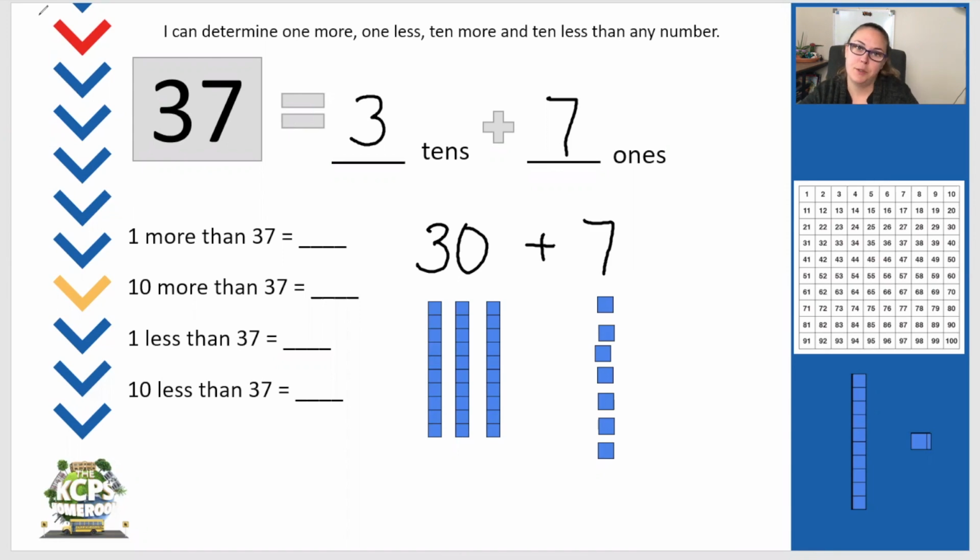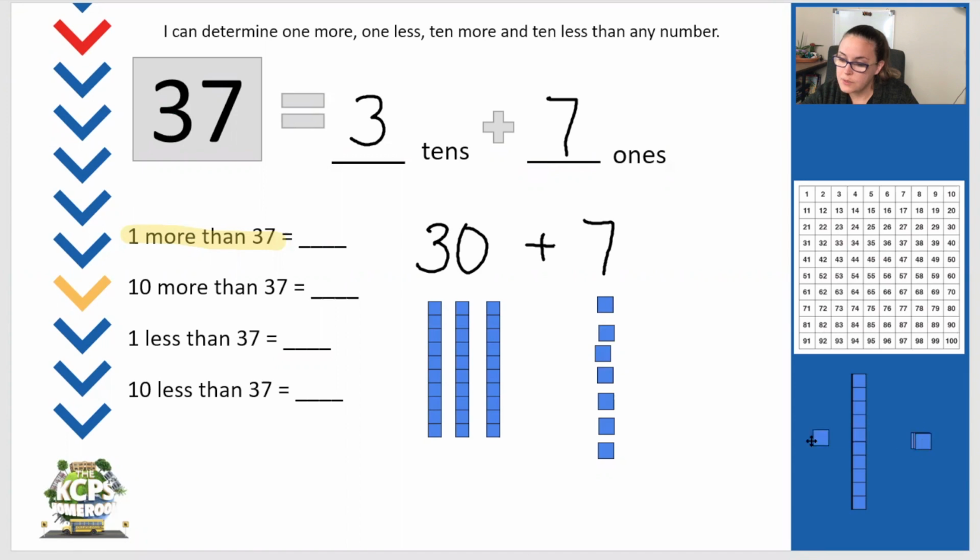Now what we have to do is calculate 1 more, 1 less, 10 more, and 10 less. So we're going to take that one step at a time. And on the left side of your screen here, you're going to see that I'm starting with 1 more than 37. Using our base 10 blocks, how can you model 1 more than 37? What would you add? A rod or a unit square?